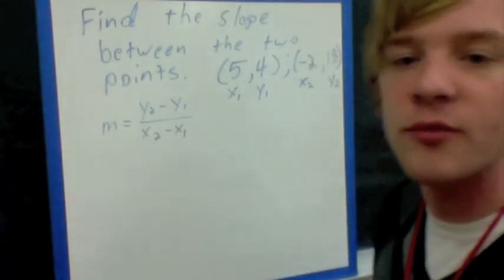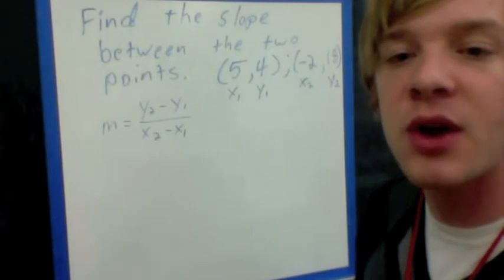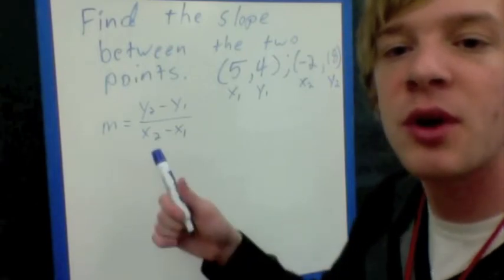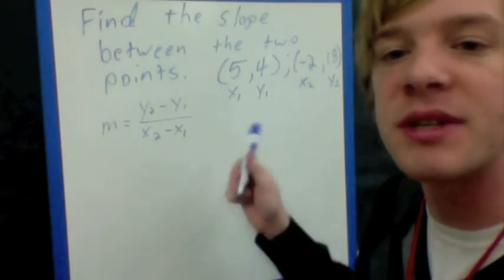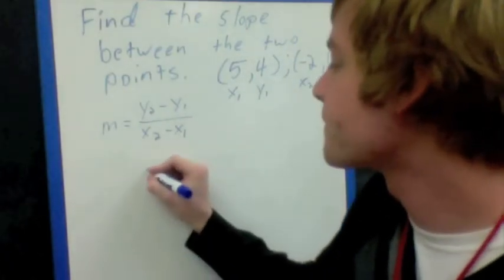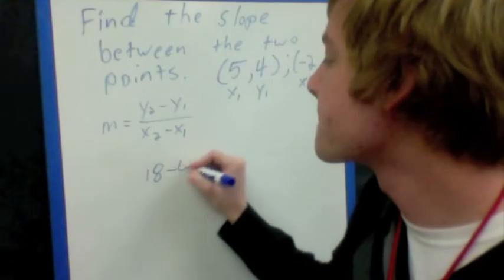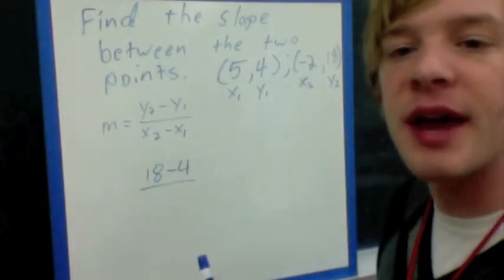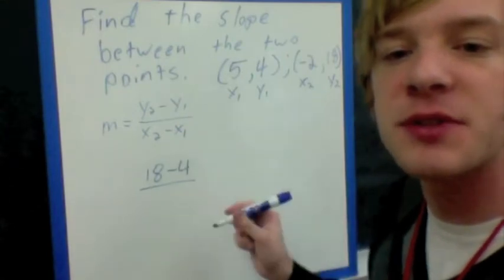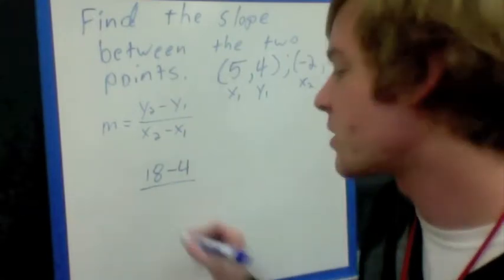So we've got our formula that we had from before, and now all we have to do is plug in our points. So y2 is equal to 18, and y1 is equal to 4. So that's our numerator, and then in our denominator, we have -2 for x2 and 5 for x1.